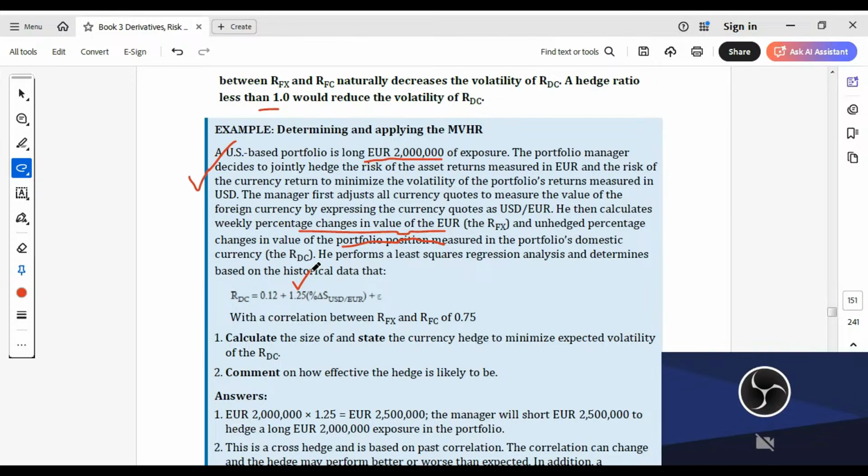So size of your hedge should be 20 lakhs into 1.25, euro 25 lakhs. So manager will not just short 20 lakhs but 25 lakhs of euros.